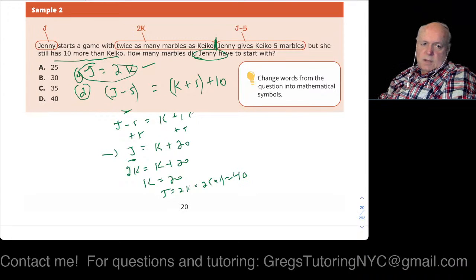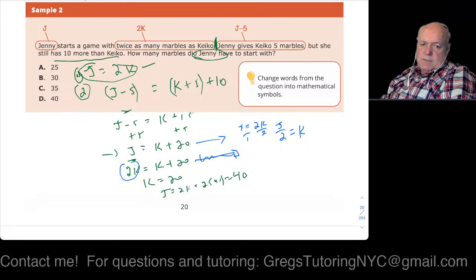Another way, let me change the color to be clear, we're going to do this slightly different. At this point here, instead of doing this replacement here, we're going to replace not J, but we're going to replace K. Well, if we know that J is equal to 2K, then if we divide both sides by 2, then we end up with J over 2 is going to be equal to K. So in this case, we would replace, right?